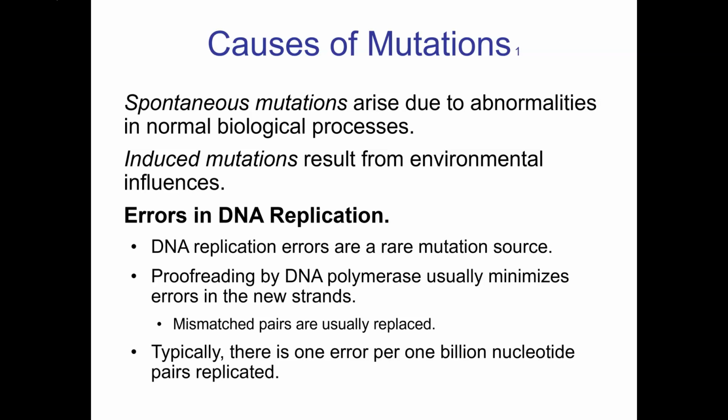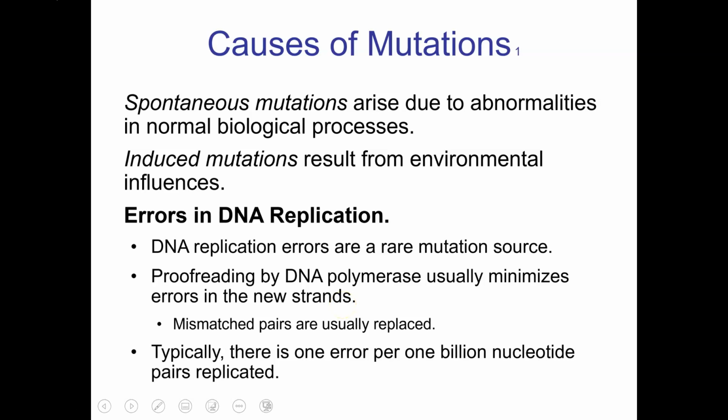This is because we have DNA polymerase, which reads and proofreads the new DNA that we produce. If there's a mistake, then we have enzymes that cut out those mistake regions and put in the proper nucleotides. So there are very few mutations in replication that are spontaneous, but they can occur.